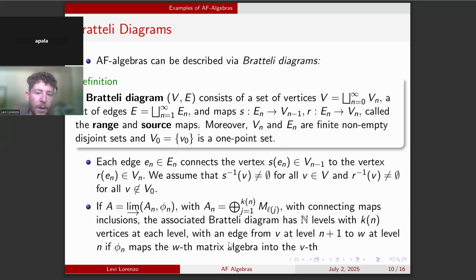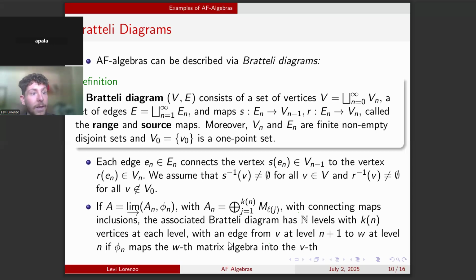If you have a matrix algebra, depending on how it's embedded into the next algebra, we're going to have one edge for each time that the matrix algebra is embedded at the next level. And I realized, sitting here, that for the first example of the Cantor set, we'll go to the Bratteli diagram.